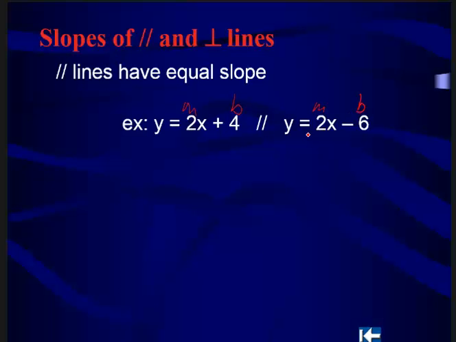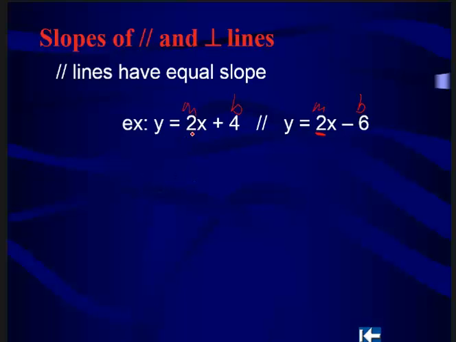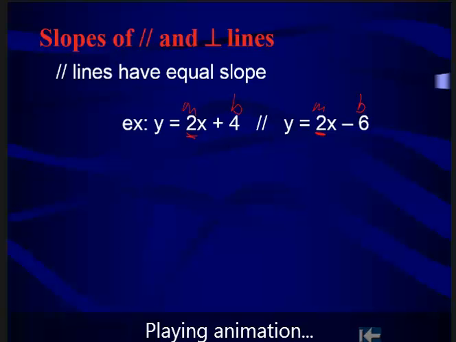So all we care about is the m values because that's what slope is. They are the same in both of these lines, therefore these lines are parallel. So all we have to do is get it in y equals mx plus b, look at that slope, and that'll tell us if they're parallel or not.